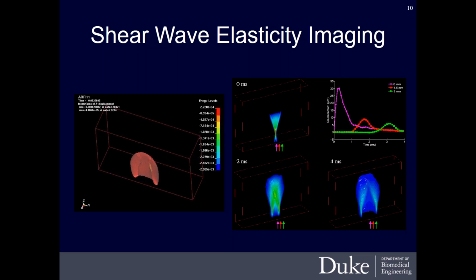What you can see is that immediately after the excitation is applied, labeled as 0 milliseconds, we just have deformation where we applied the radiation force, and as we look later in time, we see the wavefront spreading across. If we track at those different locations the time at which the wave arrives, we now have a mechanism to correlate arrival time to spatial position.